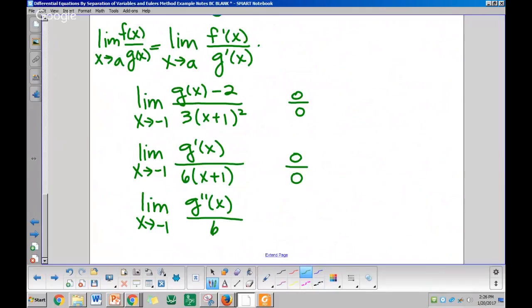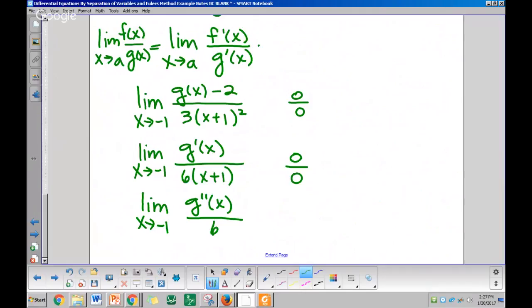Yes, that's a stupid question, but why don't you use the quotient rule? Because I'm not taking the derivative. I'm comparing the derivatives. I have two functions here that I'm comparing. When I have a limit of two functions divided by each other, I am comparing their values as they get closer and closer to a certain number, right?